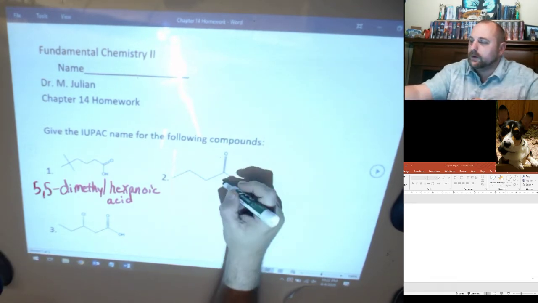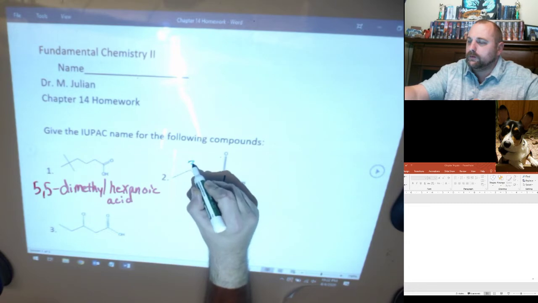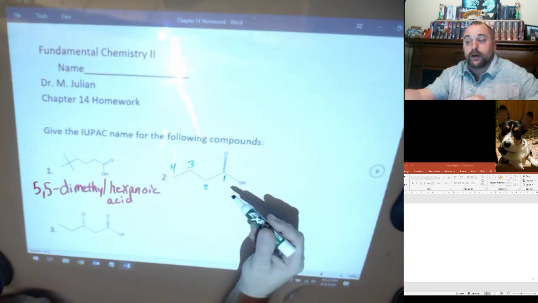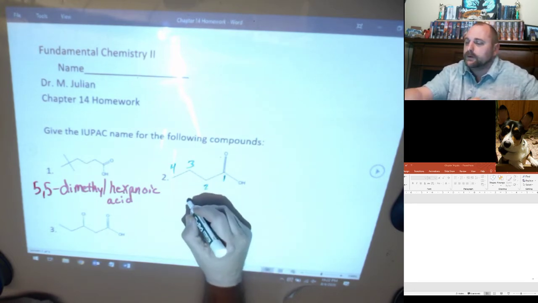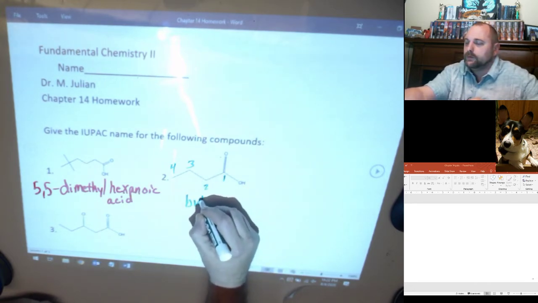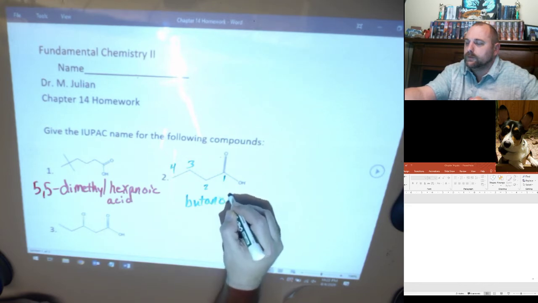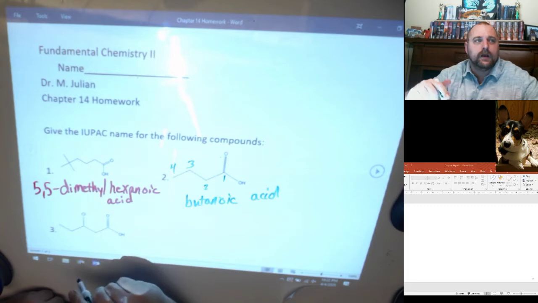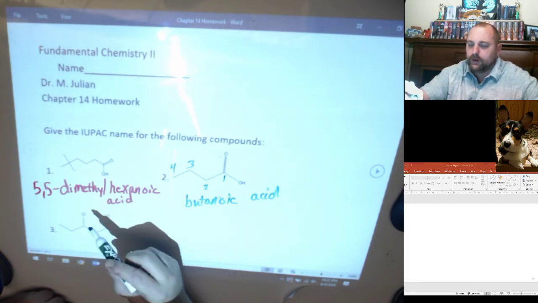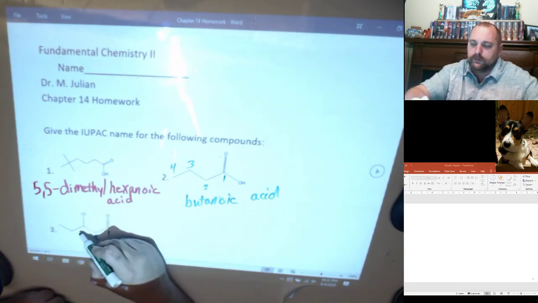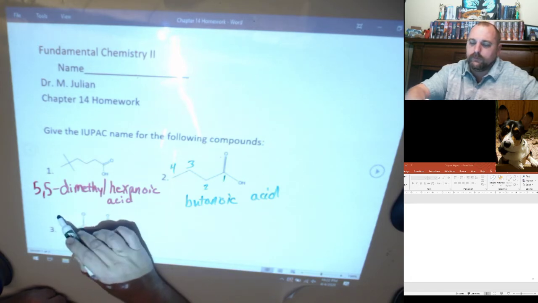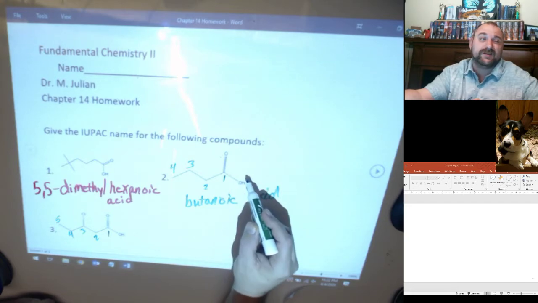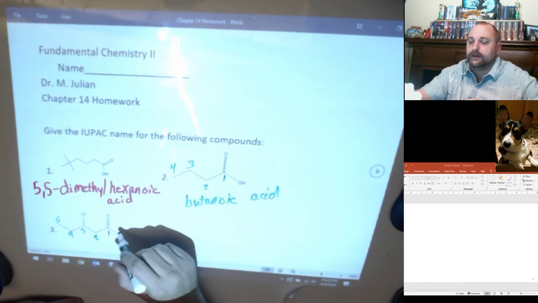Alright, number 2, 1, 2, 3, 4. This is butyric acid, would be the common name, but they're looking for the IUPAC name. So this is butanoic acid. There's no side group, so it's just butanoic acid. Let's see, 3. I've got 1, 2, 3, 4, 5. Don't fall into the trap of thinking the carboxylic acids are always on the right side. You've got to find those. That's 1.